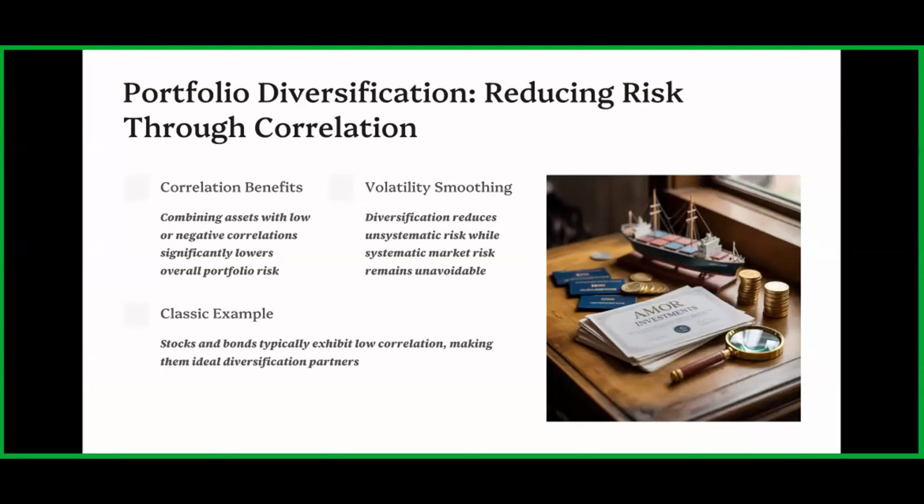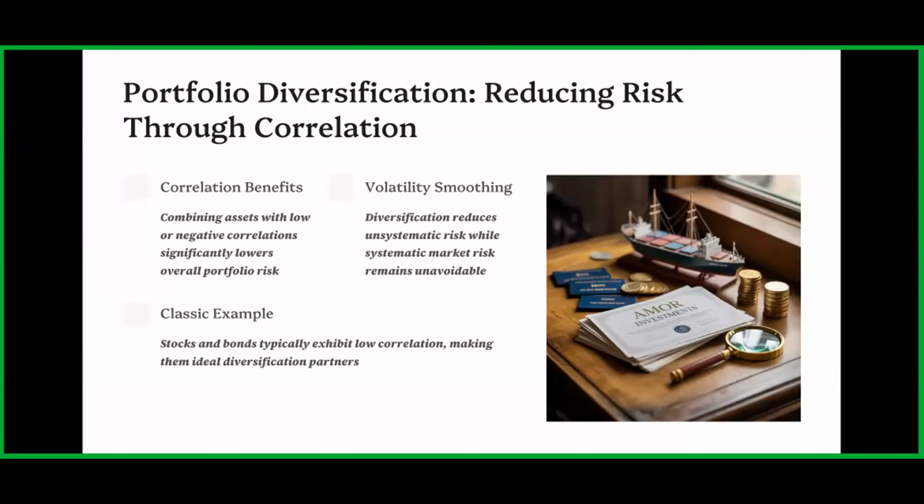So next one is volatility smoothing. We know that there is always some risk associated with your investments in the market. That we call volatility. Whenever we diversify the investment, that reduces the unsystematic risk, while systematic market risk remains unavoidable.